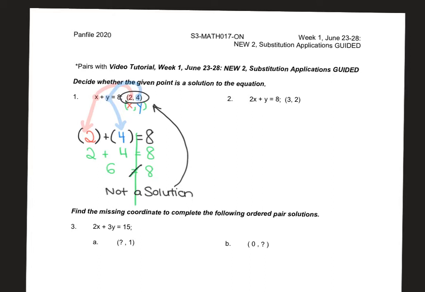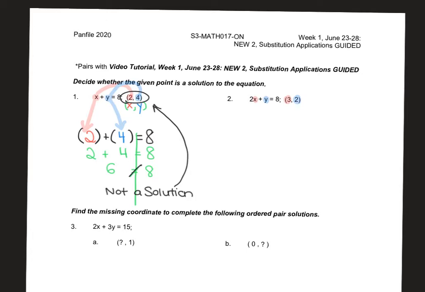Okay, number 2. If we look at 2x plus y equals 8, we're trying to decide if the ordered pair 3, 2 is a solution. So I'm going to highlight my x and my y in my ordered pair. I'm also going to do it in my equation.